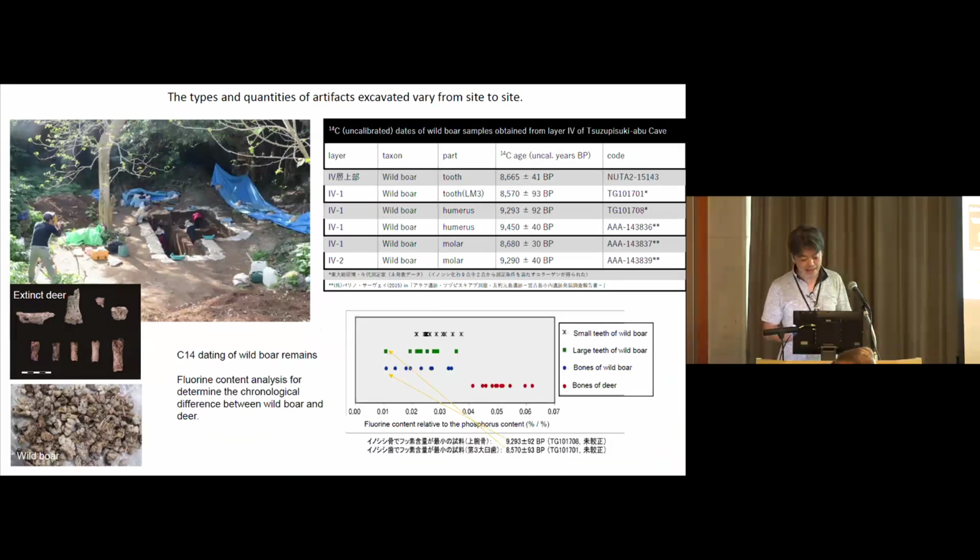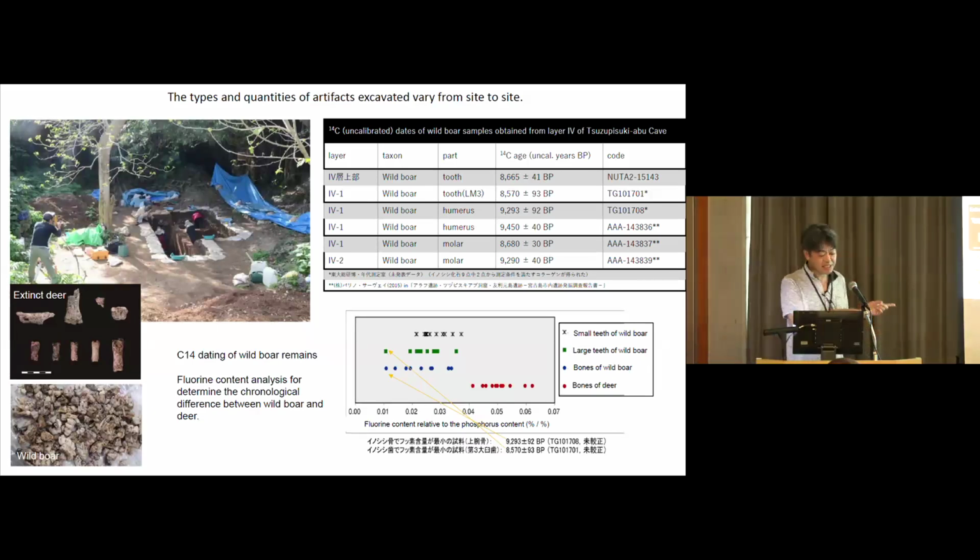Actually, we conducted a fluorine content analysis on the wild boar samples and also extinct deer fossils, in addition to the carbon-14 dating, to determine the possible chronological difference between these two animals. Even though these two animals were obtained from the same layer, the fluorine content was completely different between wild boar and fossil deer.